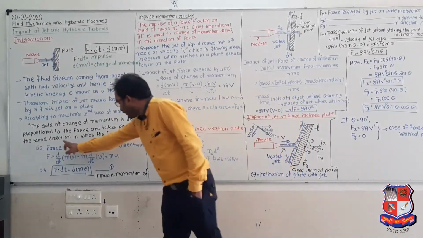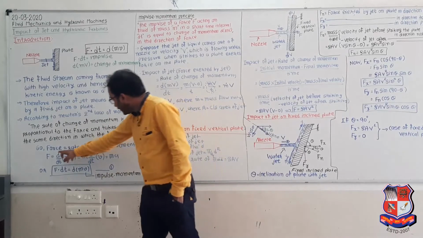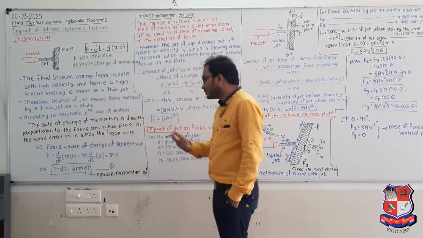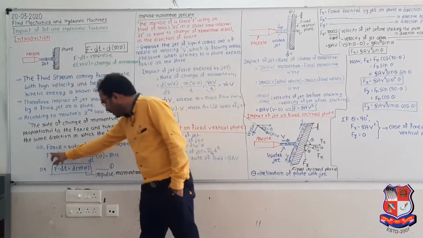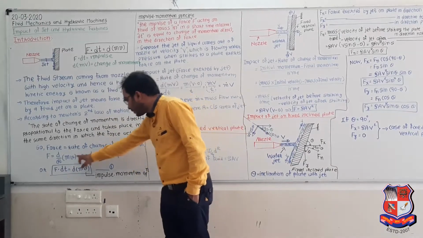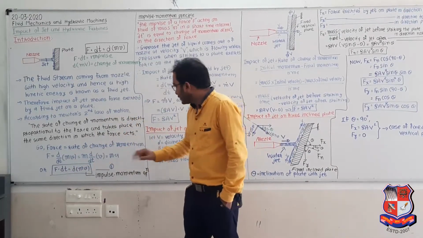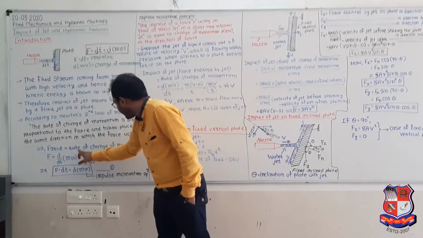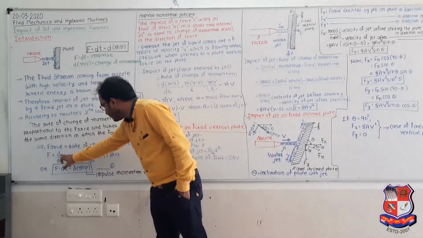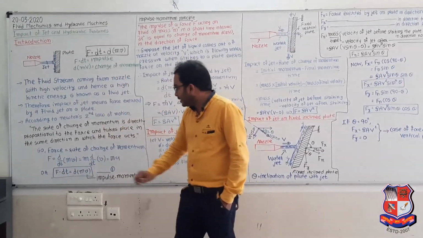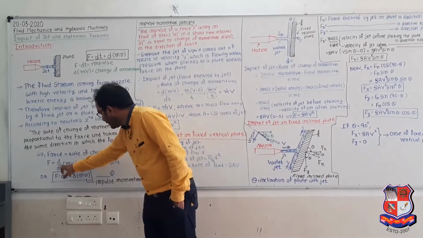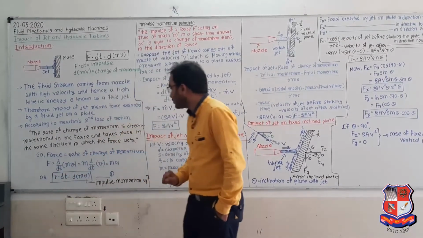Mathematically, force is equal to rate of change of momentum. Force is denoted by F and momentum is denoted by m into v. The rate of change will be denoted by derivative with respect to time. So F is equal to d upon dt of m into v.